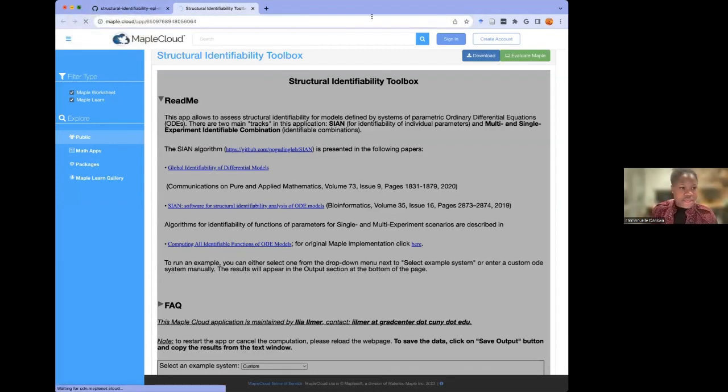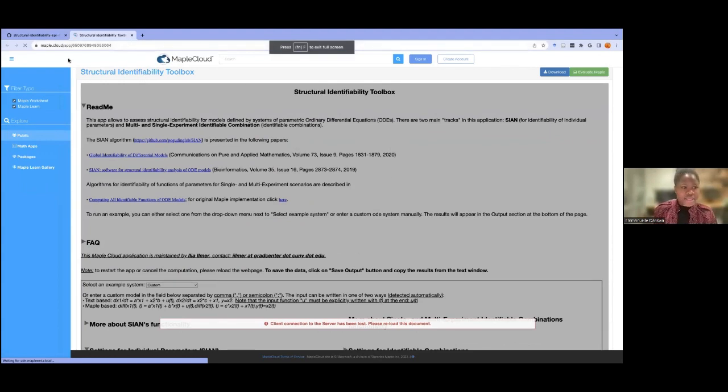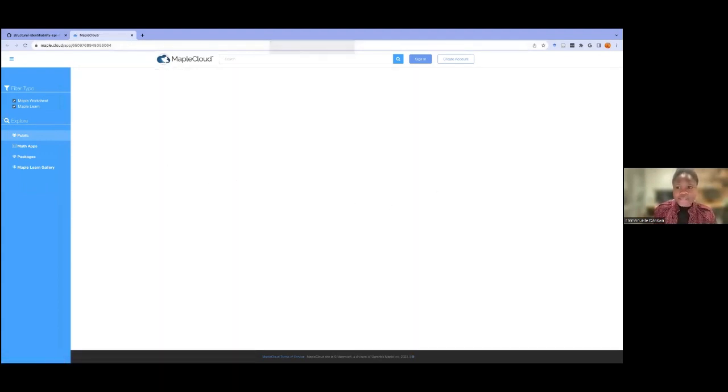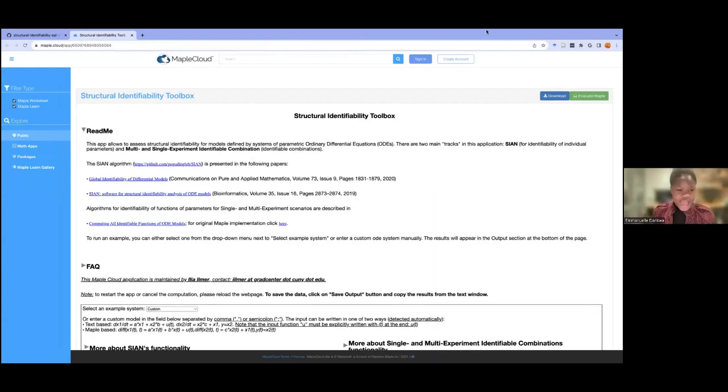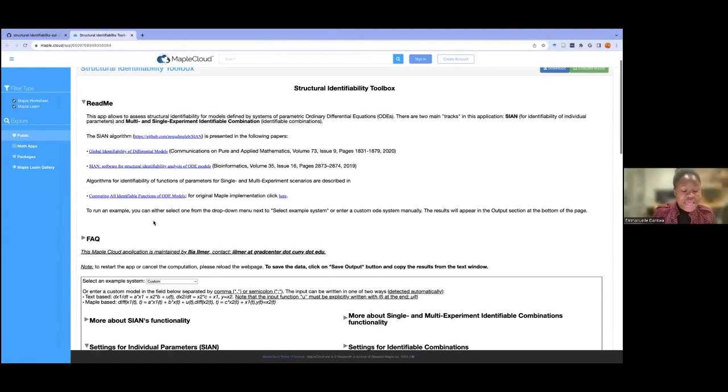Okay, so I will reload this page. So you can see here the CIAN toolbox, and what you will find in the interface first are examples of the papers that explain the math behind the CIAN toolbox method.